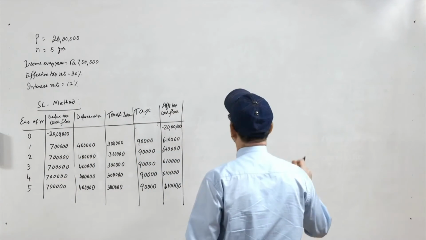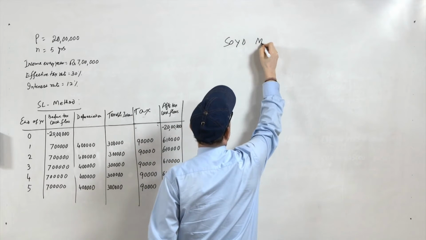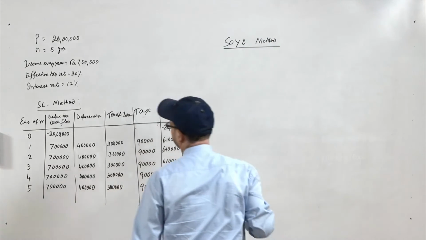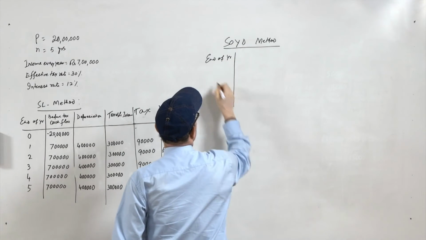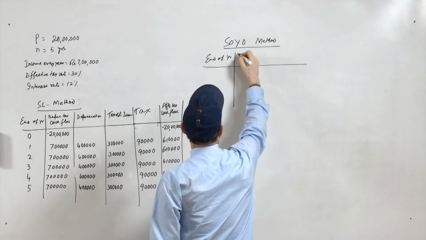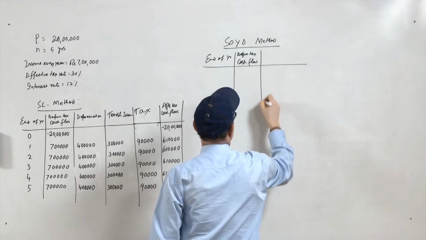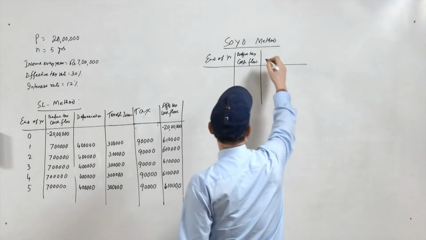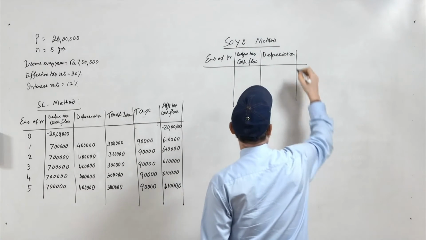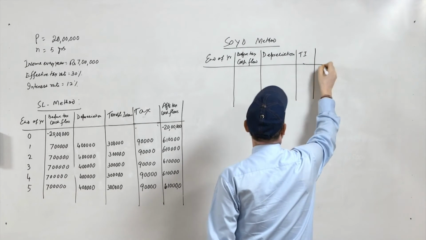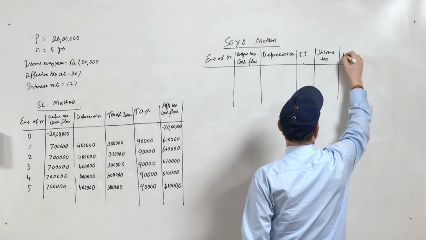Now, let us see the SOYD method. In the SOYD method, again we will have the same table: end of year, before tax cash flow, depreciation, taxable income, income tax, and after tax cash flow.